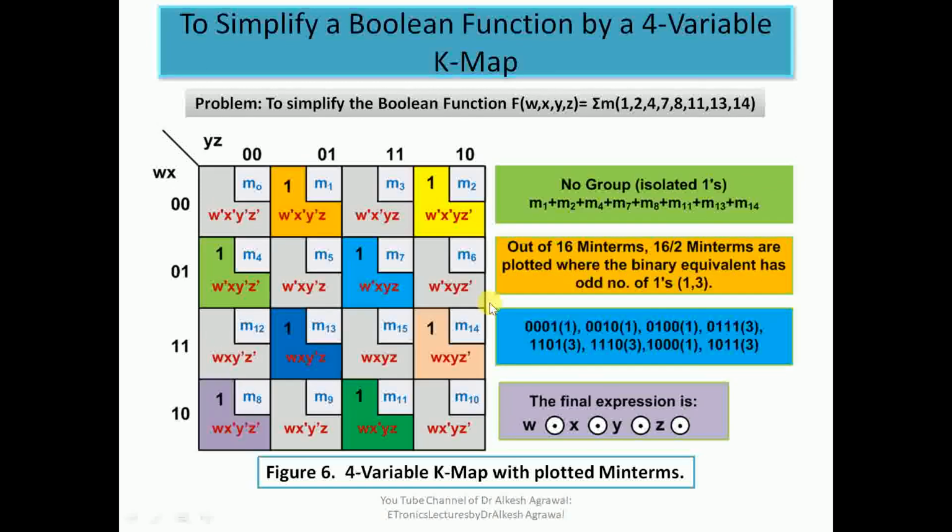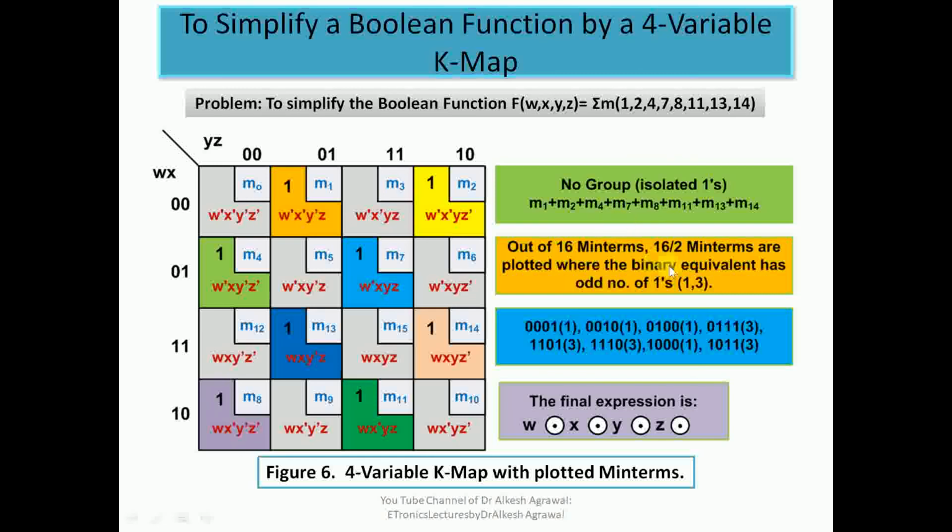A counterpart of the previously stated K-map is this another K-map where the minterms are plotted at positions M1, M2, M4, M7, M8, M11, M13, and M14. So again, the same thing: none of the minterms can be combined with each other, and again the same rule.